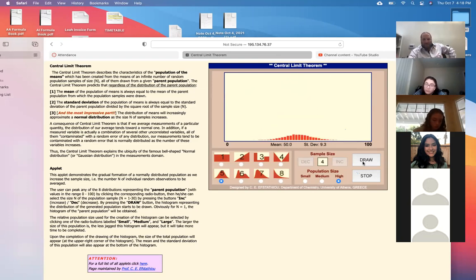How about now? We go to 5. How about we go to 6? What's happening to the mean and what's happening to the standard deviation as my sample size keeps going up?